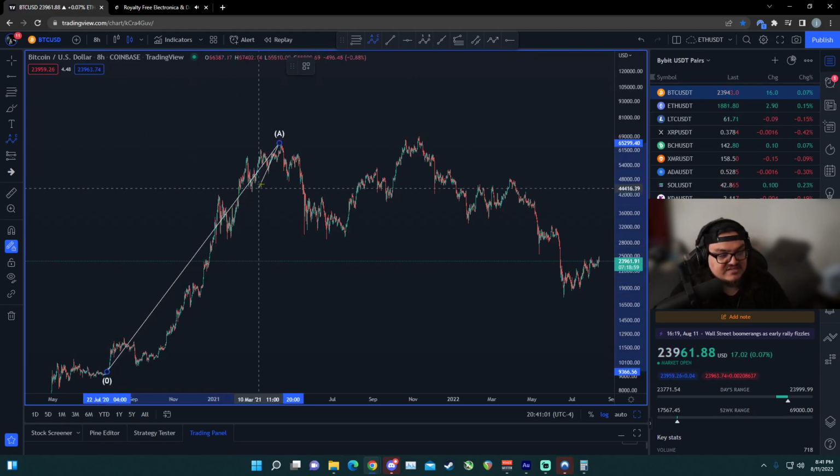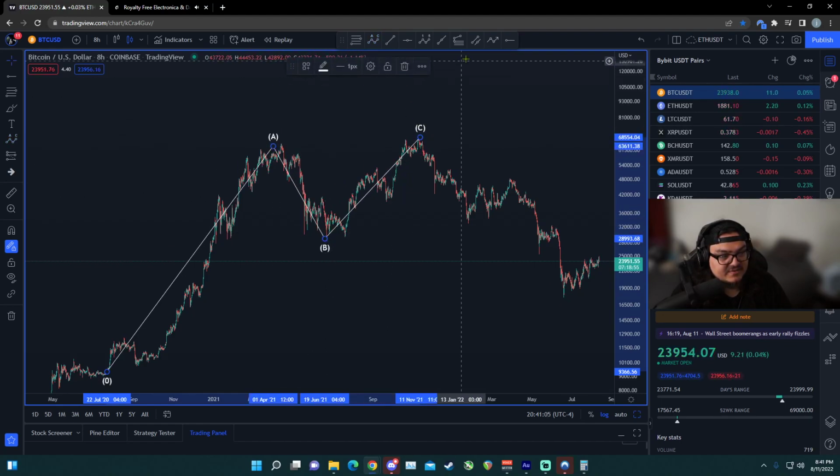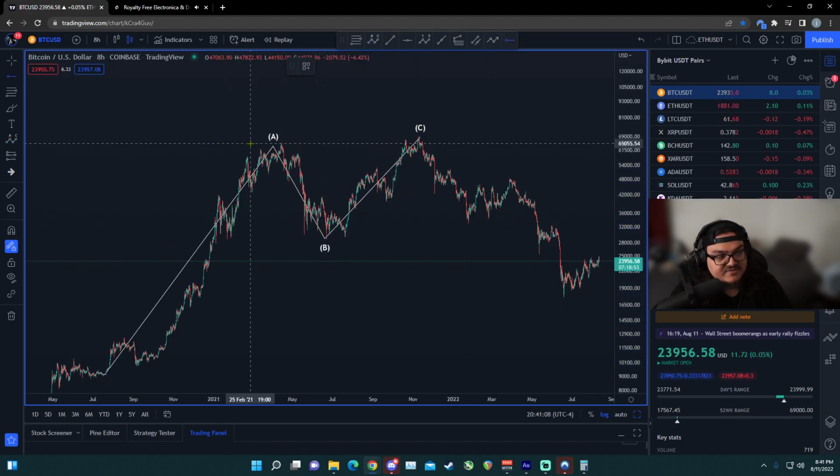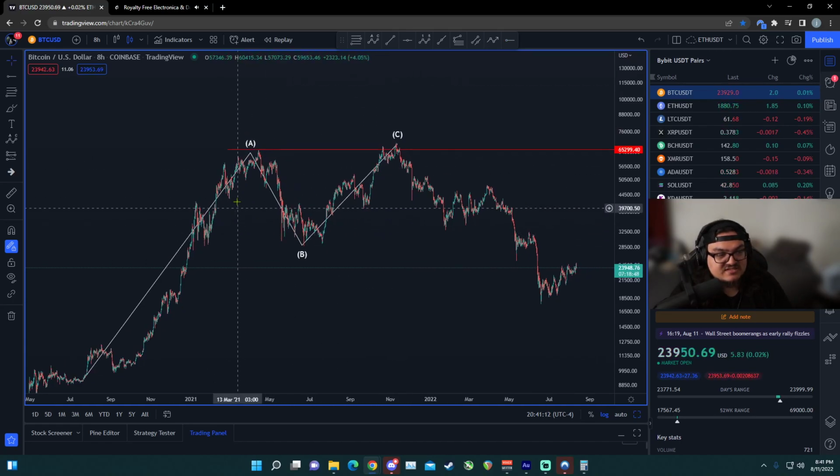A, because this is all continuous, one trend, a pullback, and a continuation, right? If price on a macro scale remains below 65,000, you have the right to assume that this is a possible top, not the top, a possible top. In this case, pretty damn close. All right.